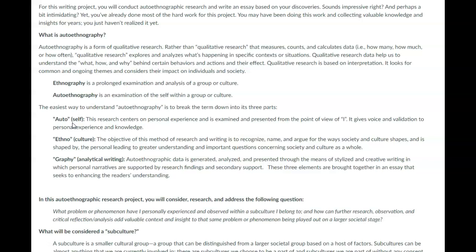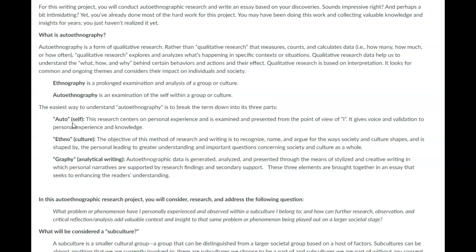And so this is not just some fun little type of research for an English 102 class. This is very respected, very meaningful and significant types of research where researchers will examine their own life, examine their experiences within a culture, and kind of study it.